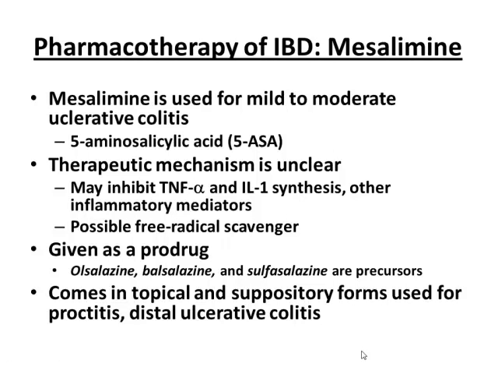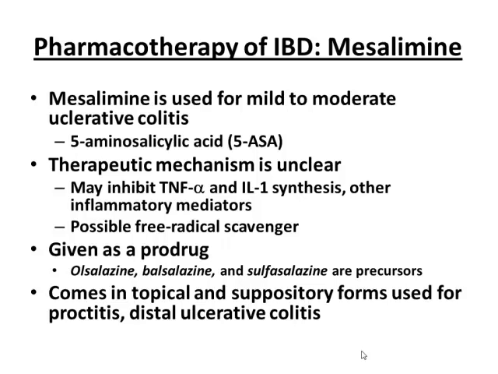Okay, just going to go into the general pharmacotherapy for inflammatory bowel disease. And everybody will probably be treated with mesalamine, which is one agent that gets used. It's 5-aminosalicylic acid. Exactly why it works, the mechanism, is not entirely clear.